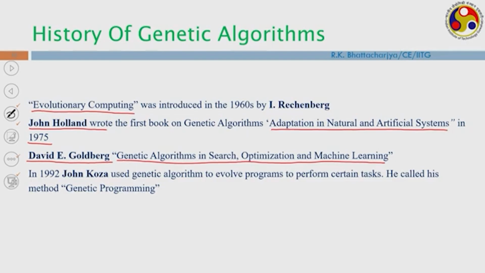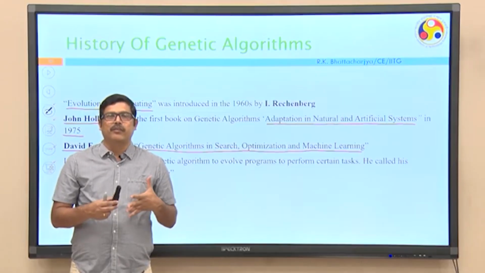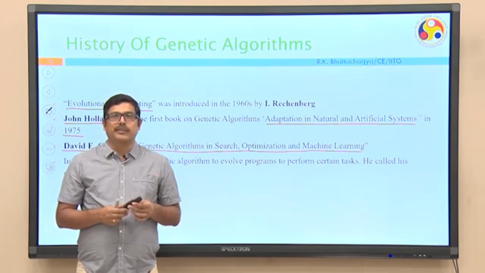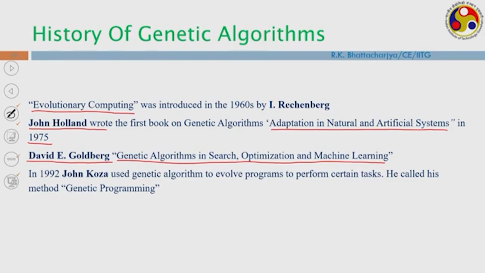He used genetic algorithm in solving different complex nonlinear optimization problems, and finally he could establish genetic algorithm as a powerful optimization technique. After Goldberg, many people have used genetic algorithm in solving complex optimization problems.